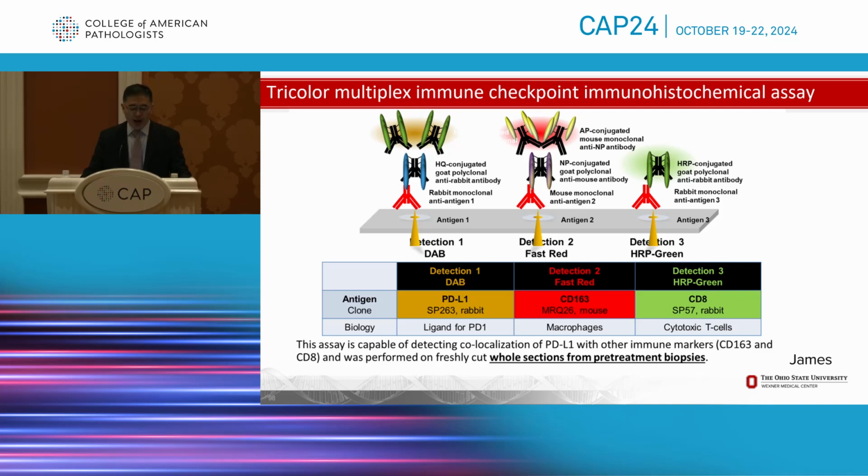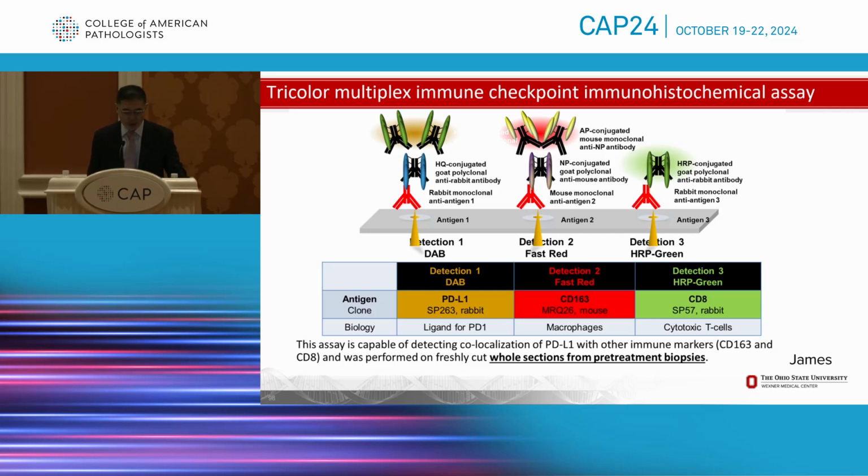So in this study, we not only used H&E slides, we also used the so-called multiplex immune checkpoint immunohistochemical stain slides using three markers, including PD-L1, CD163, and CD8. As we know, PD-L1, we all know, CD163 is a marker for macrophages, and CD8 is a marker for cytotoxic T cells. Lots of literature out there suggests the presence of these cells can be related to the response to therapy.